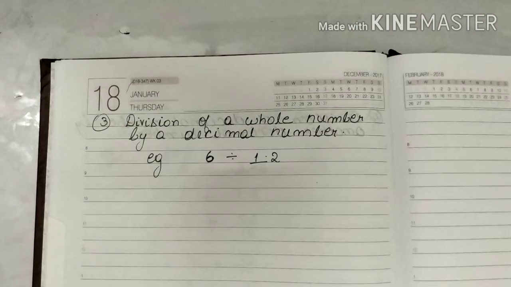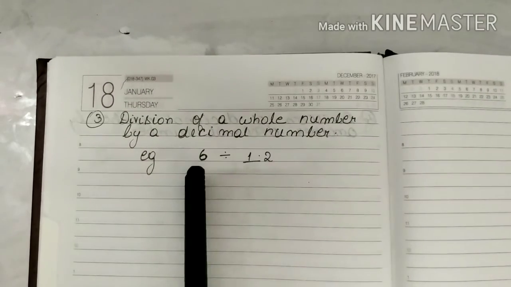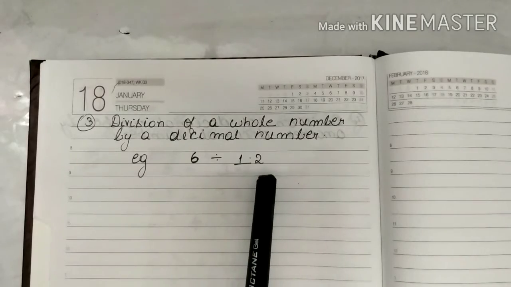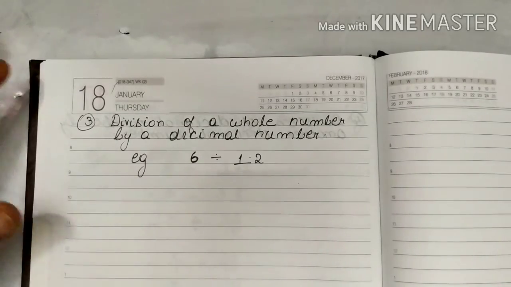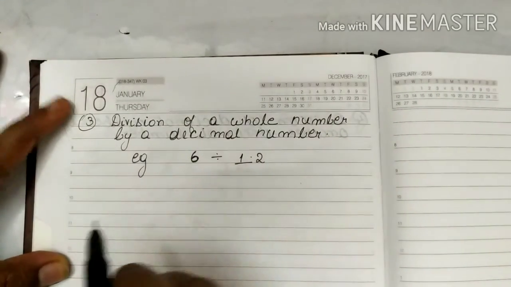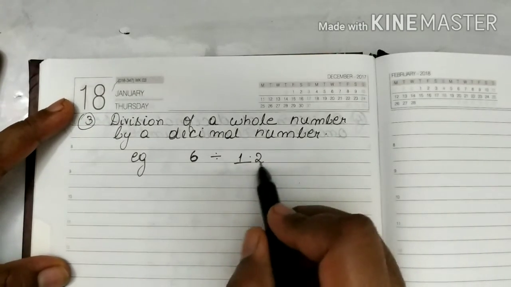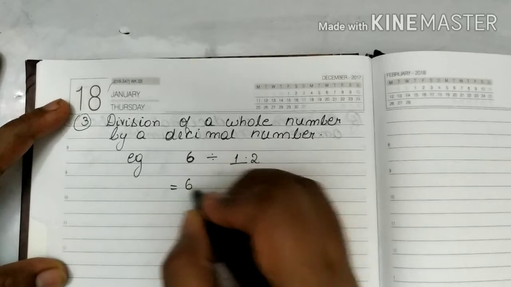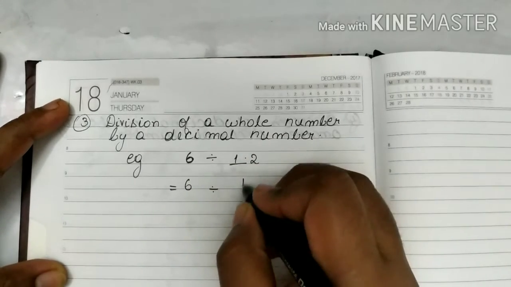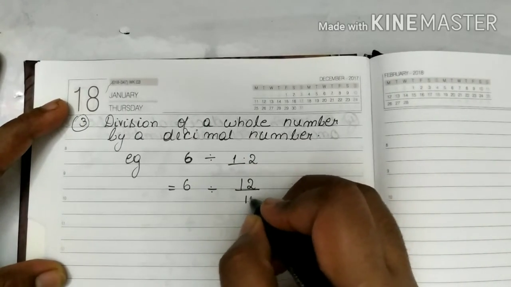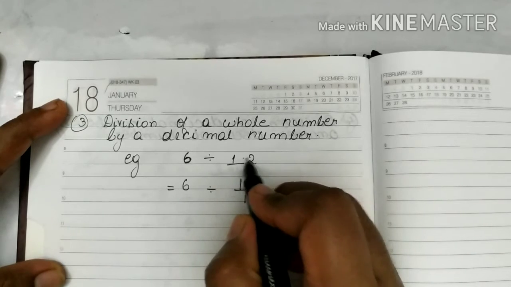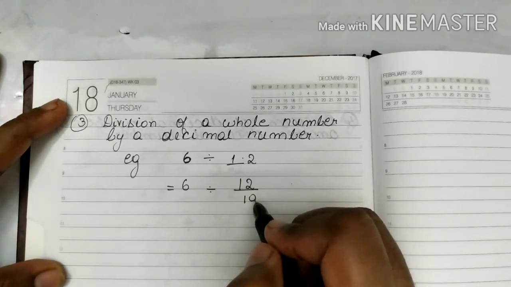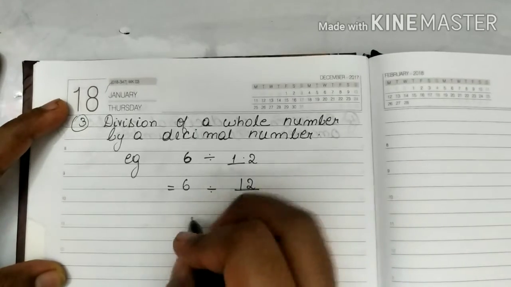The next type of question is division of a whole number by a decimal number. For example, if we take 6 divided by 1.2. Now in the first step itself, you have to convert this decimal number into a fraction. So we'll write it as 6 divided by 12 upon 10, because there is one place after the decimal, so we can write it in this format.